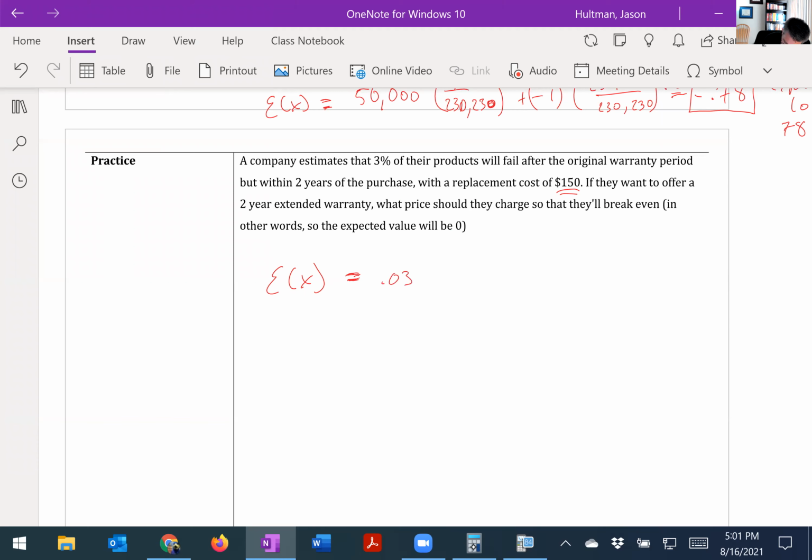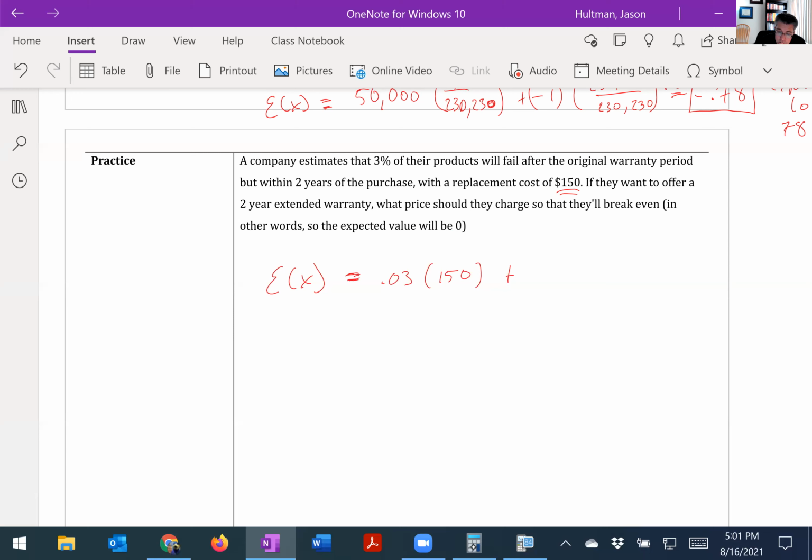So 0.03 times 150. Okay, that's what they're going to pay out. So that's a win for us, right?